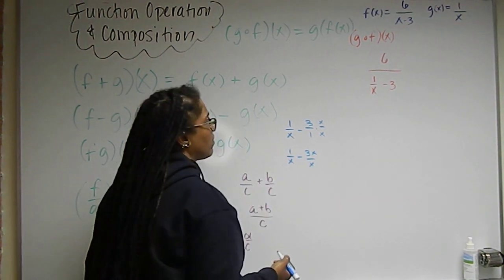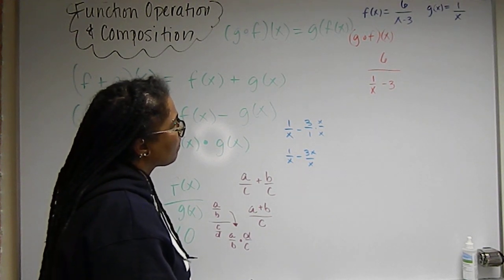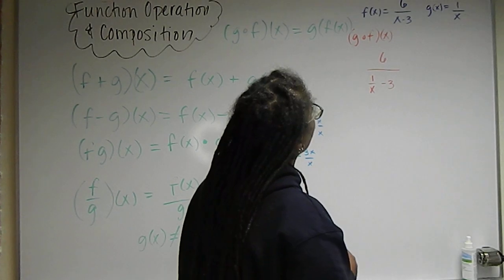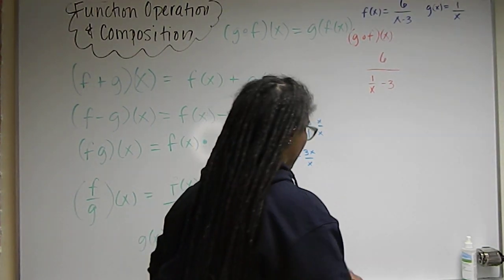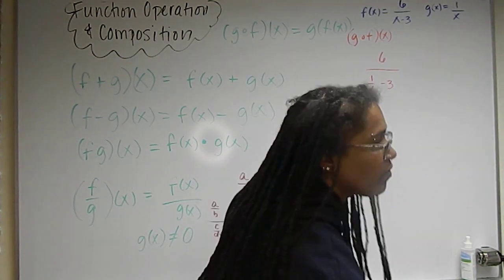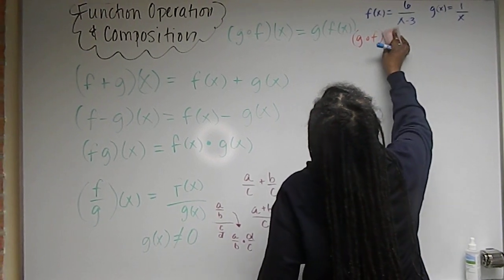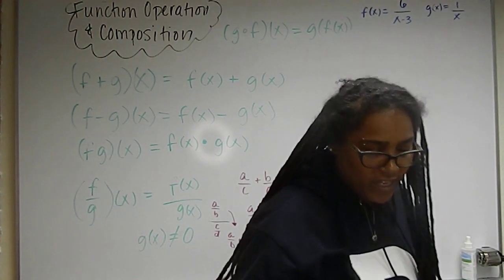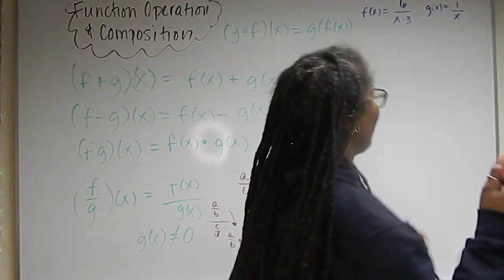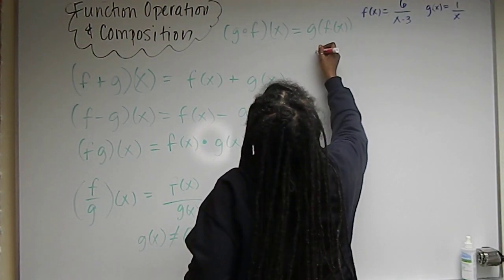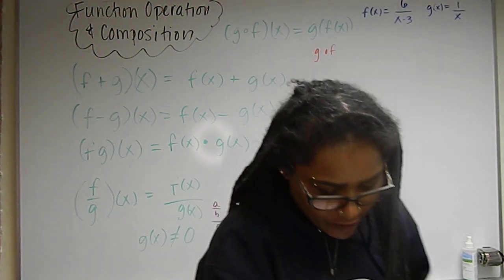I think we just did this one, didn't we? Am I doing it wrong? Oh, we did. I did it wrong. We already did this one. We need to find g. Sorry, my bad. No, f of g. Which one are we finding, y'all?